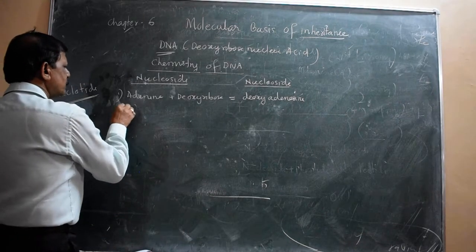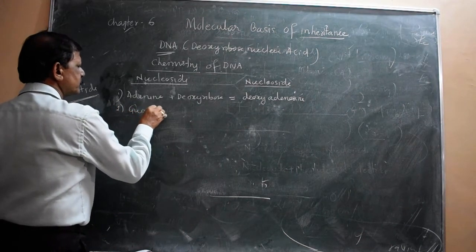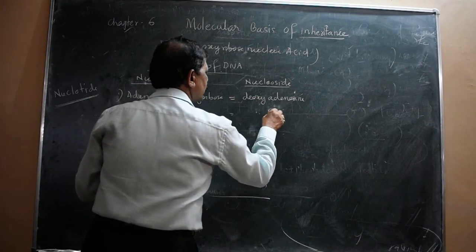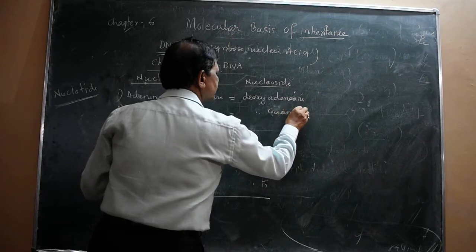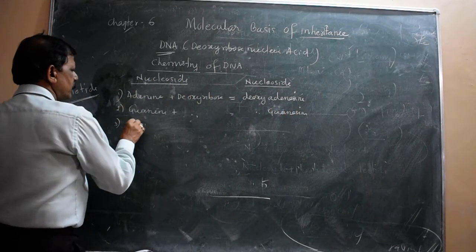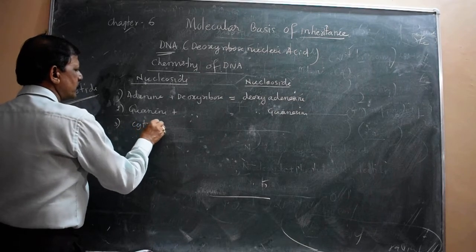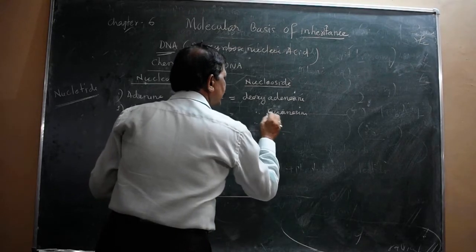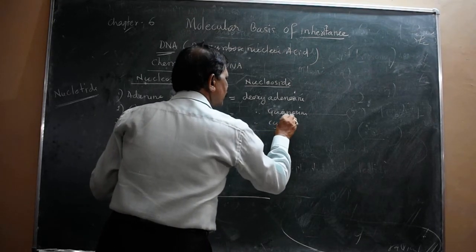Similarly, I write the next one: guanine plus deoxyribose, deoxyguanosine, second nucleoside. Next one, cytosine plus deoxyribose, and it is deoxycytidine because it is a pyrimidine.